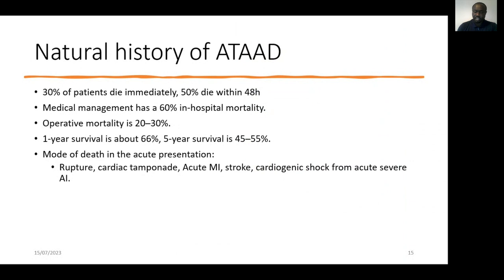Either the aorta bursts and ruptures, and those guys don't make the hospital, they're down on the scene, or they have cardiac tamponade and come to hospital with CPR, or acute MI. If the MI is in the LAD area, the left anterior descending artery, they may not make it. But if it's the right coronary artery, they could make it to hospital. If they have a stroke, stroke does not contraindicate surgery, so you can still give them surgery, and they could be in cardiogenic shock from severe aortic regurgitation.